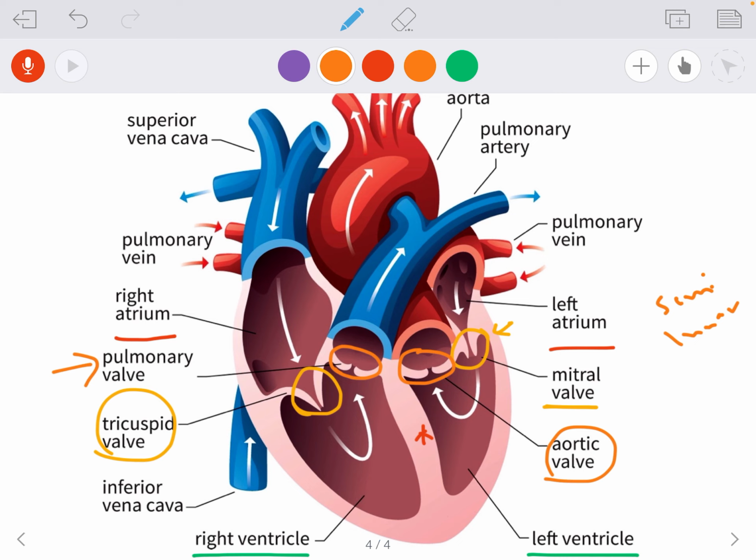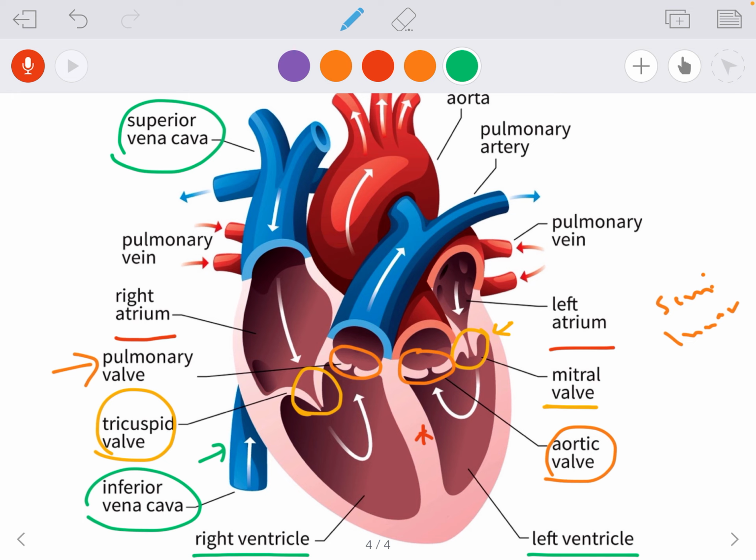referring to the pulmonary valve. What else? The heart is also supplied by blood vessels. What type of blood vessels? Arteries and veins. Two large veins called vena cava, okay, the superior and inferior vena cava, you see the blue ones, because they are colored blue as they bring deoxygenated blood from different body parts.